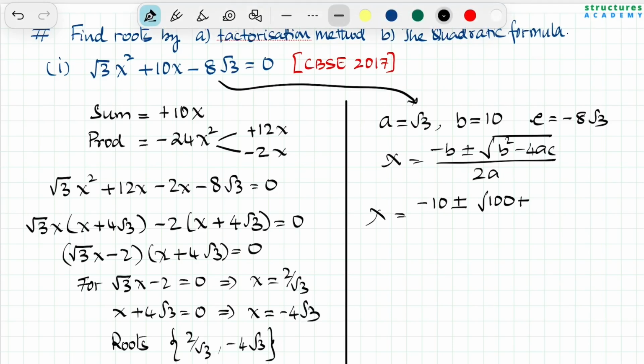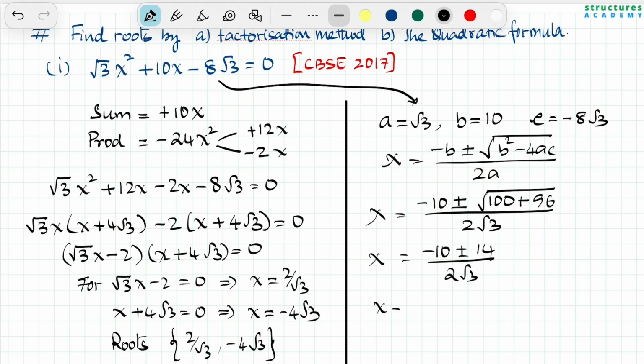So this becomes plus 96 whole divided by 2 root 3. So this is basically minus 10 plus or minus 196 square root is 14 divided by 2 root 3. So this would be x is equal to minus 10 plus 14 upon 2 root 3, minus 10 minus 14 upon 2 root 3.